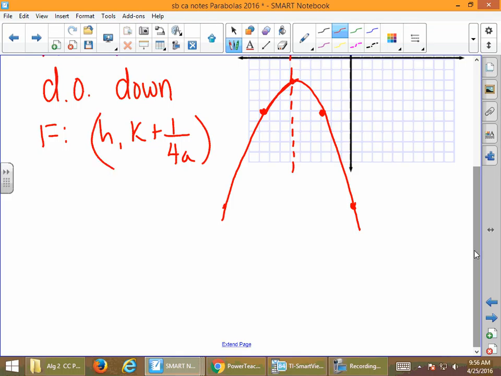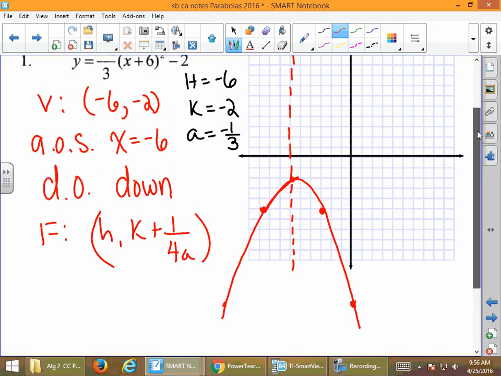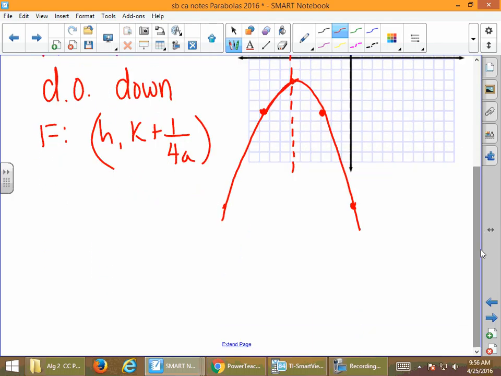So the nice thing is we have our h labeled already. It is negative 6. And then our k we have labeled already. It's negative 2 plus 1 over 4 times a. And a is negative 1/3. And that is in the denominator. Negative 4 times negative 1/3 is in the denominator.